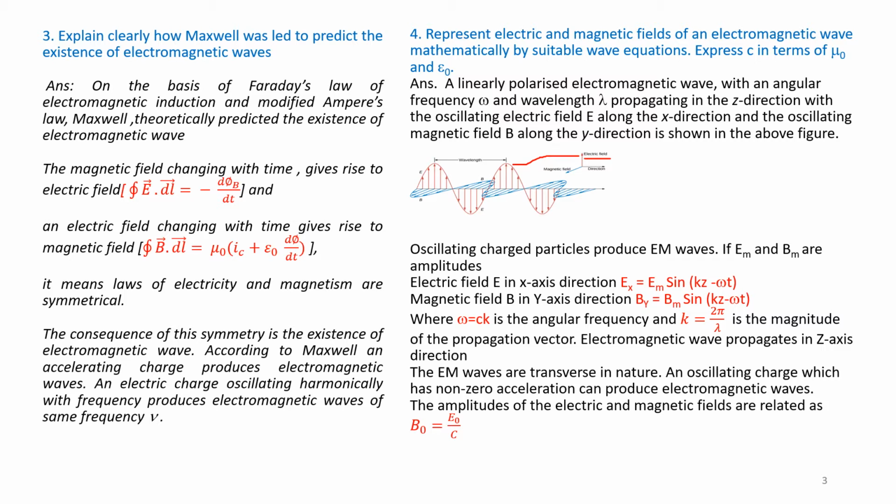An oscillating charge which has non-zero acceleration can produce electromagnetic waves. That means acceleration should be present.